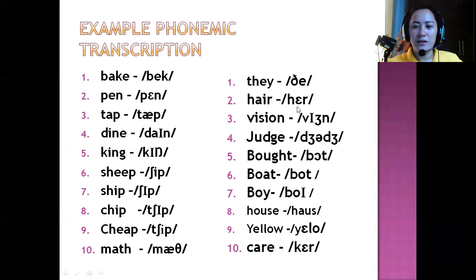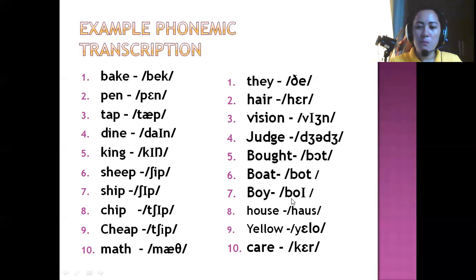Okay, we have here the hair, and we also have the vision, with the short I. Judge, we have the schwa. This is a stressed schwa on the j sound. We have bought, with the half moon here, the inverted C, or the semi-rounded vowel. So here the boat, the long O, the t, and the b.